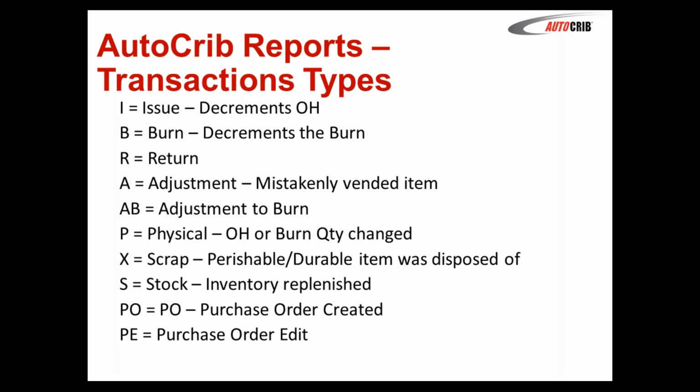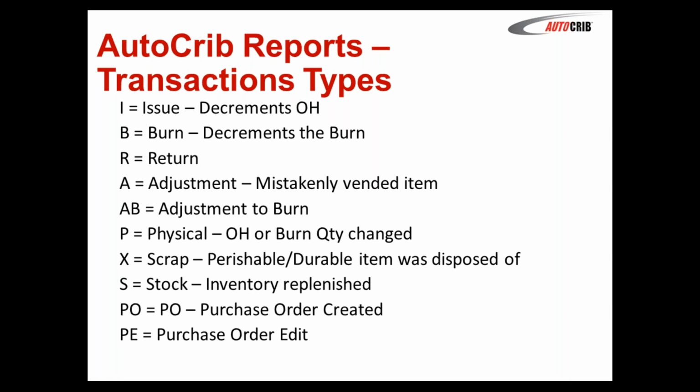So when the inventory for the item is replenished, either manually at the machine or by receiving a purchase order. PO stands for purchase order. So when a purchase order was created for the item, the transaction type will be indicated as PO. And PE is purchase order edit. A line in the purchase order was edited for the item.